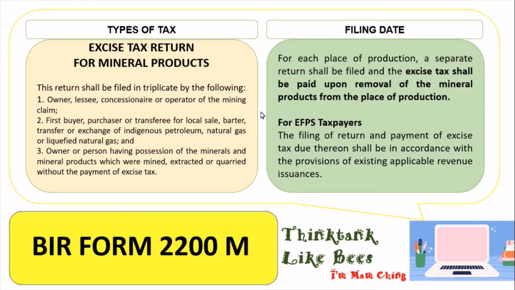So filing date: for each place of production, a separate return shall be filed and the excise tax shall be paid upon removal of the mineral products from the place of production.